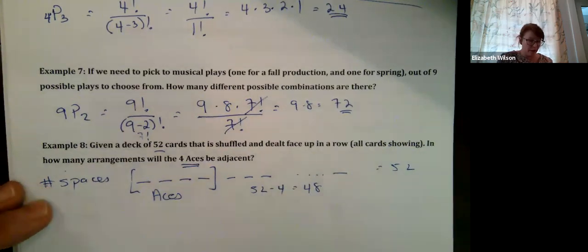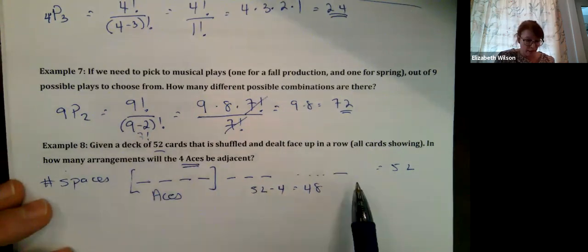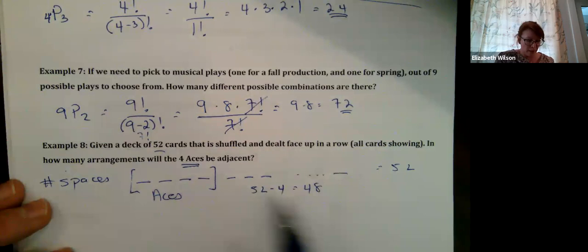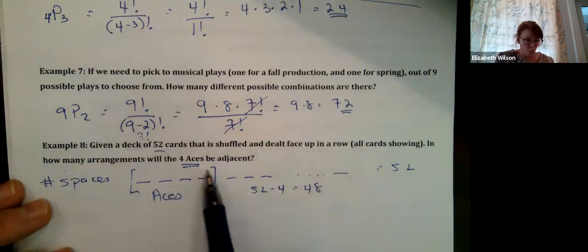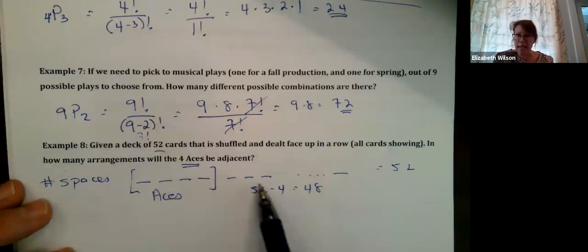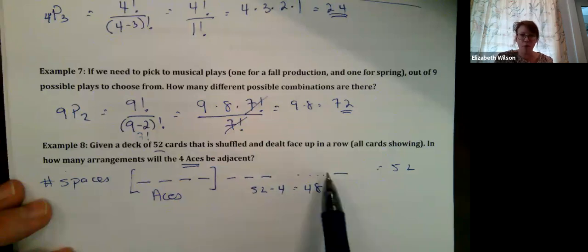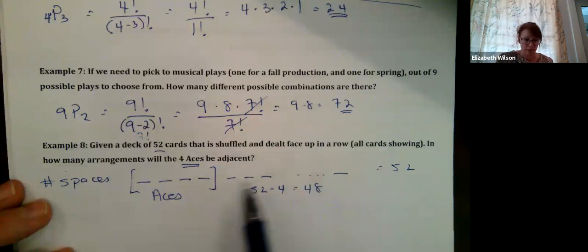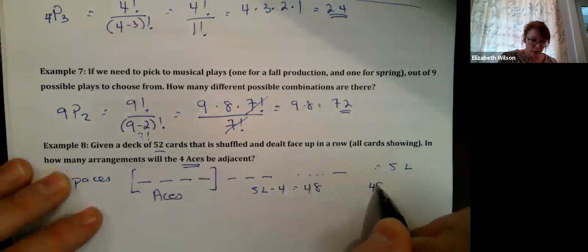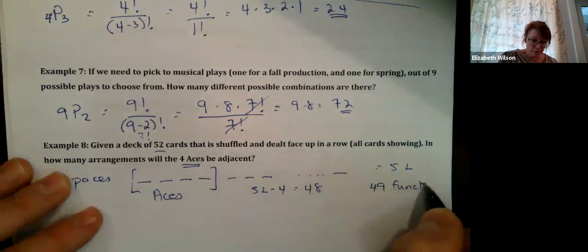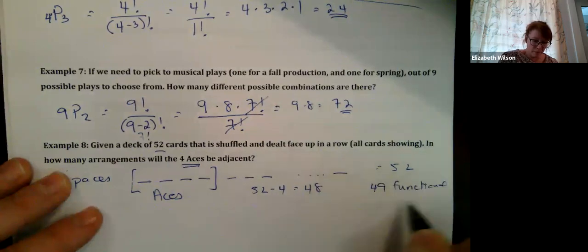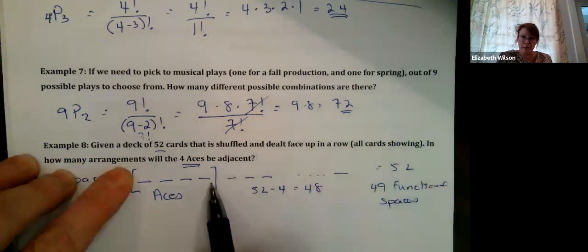So I've got the aces. If I think of them as 1 block, and then the other 48 as the rest, I have 49 functional spaces that I need to choose from, because the aces operate as a block, and then I've got 48.